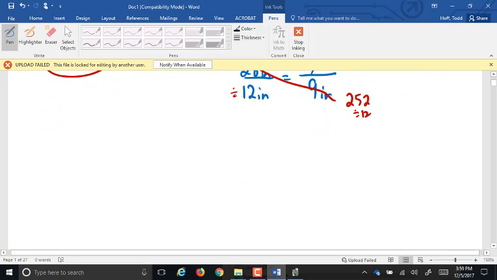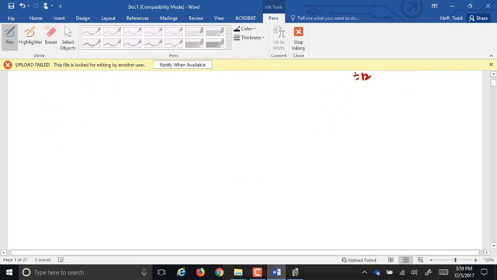Now, it doesn't have to be triangles. It can have more than 3 sides. It could look like that.